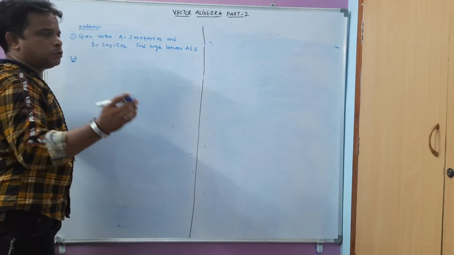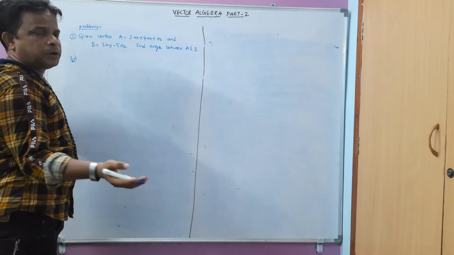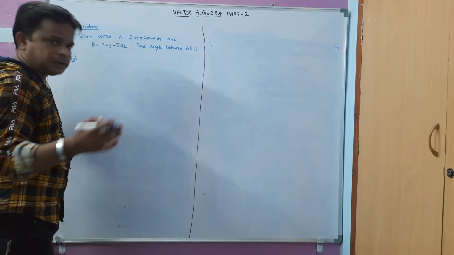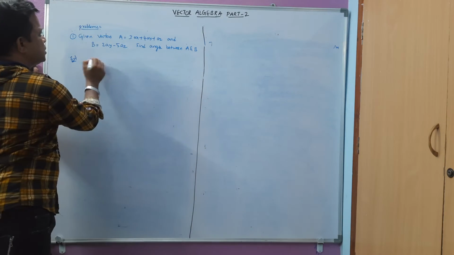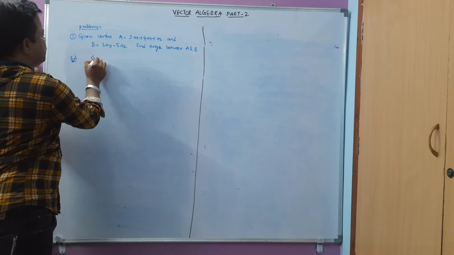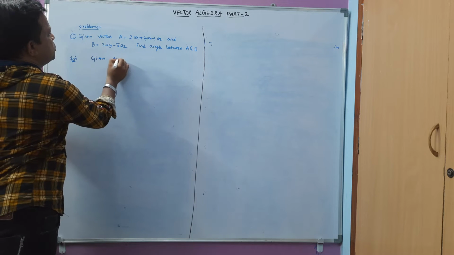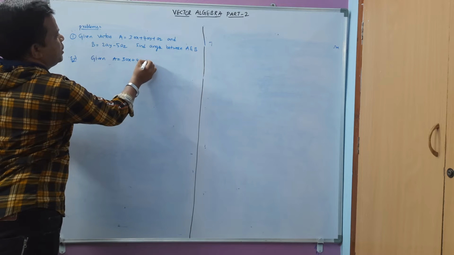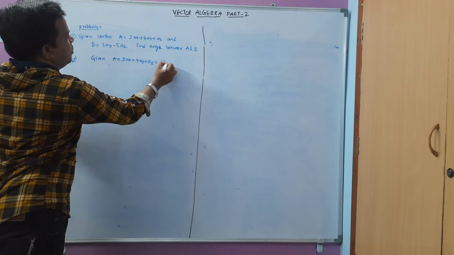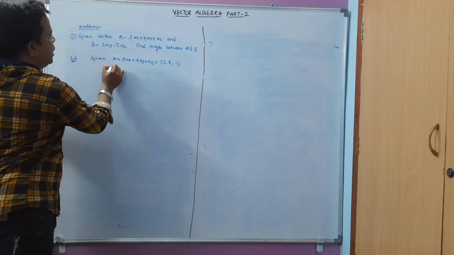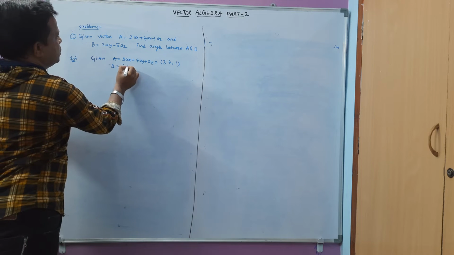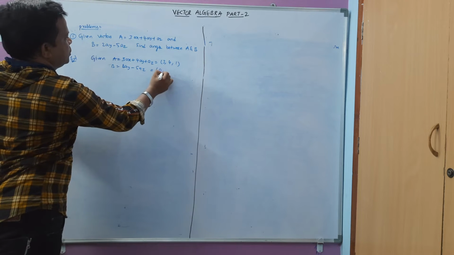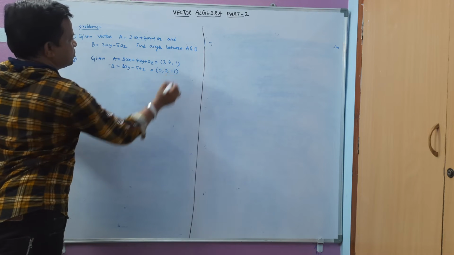So this can be done in two ways. Either we can use the dot product or the cross product, and we have to get the same result. Let us do this one. Let us write the given data here. A is equal to 3ax plus 4ay plus az, that is 3, 4, 1, and B vector he has given as 2ay minus 5az, that is 0, 2, minus 5.